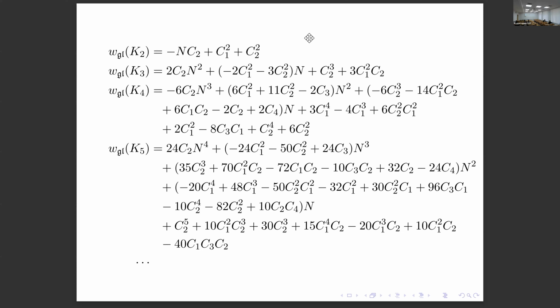Here it's 10, and after projecting to the primitive space, it's only 5. And you can see the simple result.